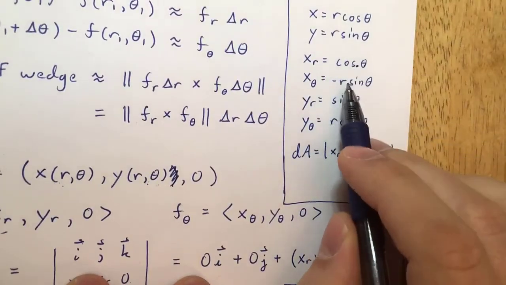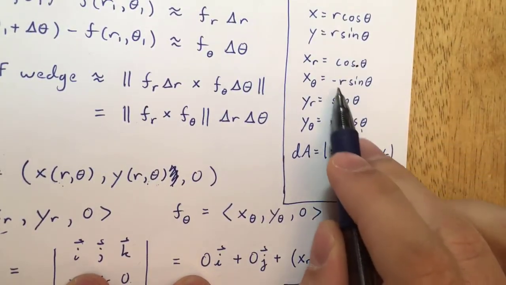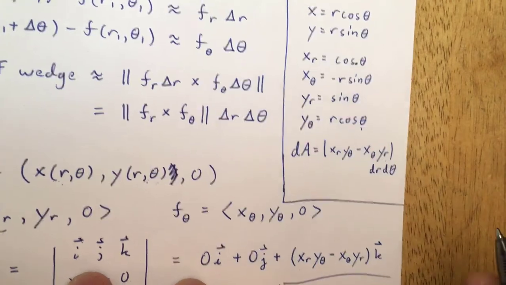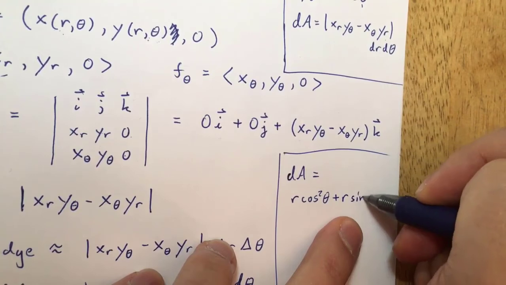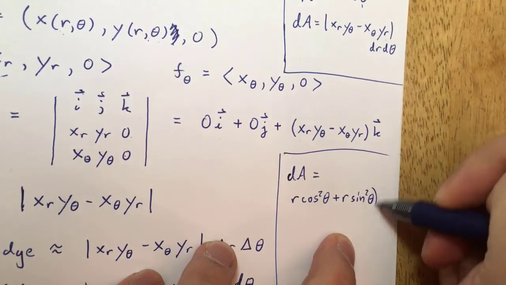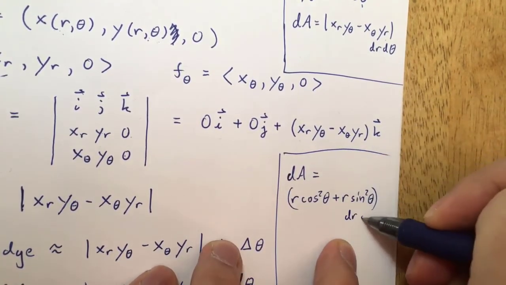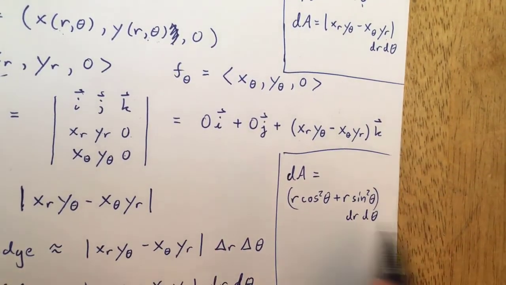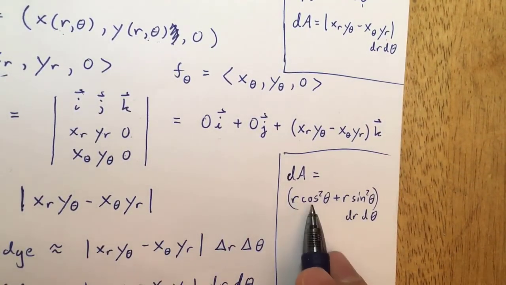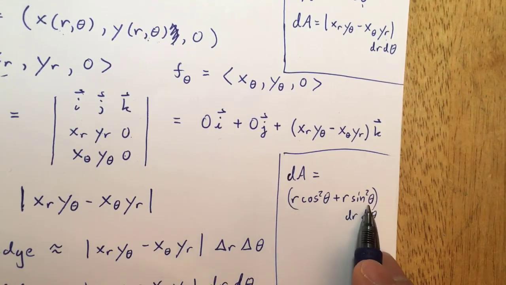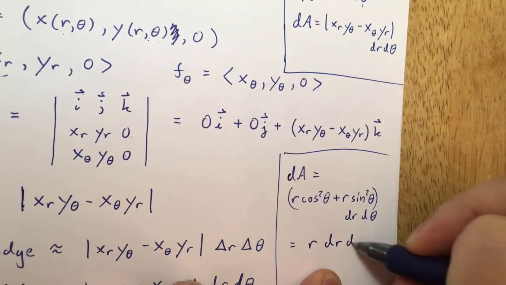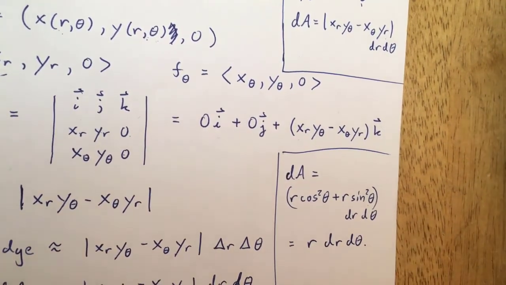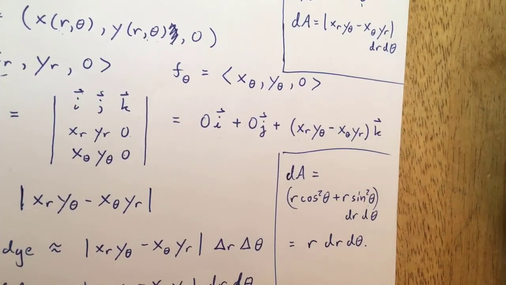Well, x theta times yr is minus r sine squared theta. But I'm subtracting it, so I get plus r sine squared theta, times dr d theta. The r factors come out, and cosine squared plus sine squared is 1. So what we really get is just r. So we get r dr d theta. That is why in polar coordinates, dA is r dr d theta.